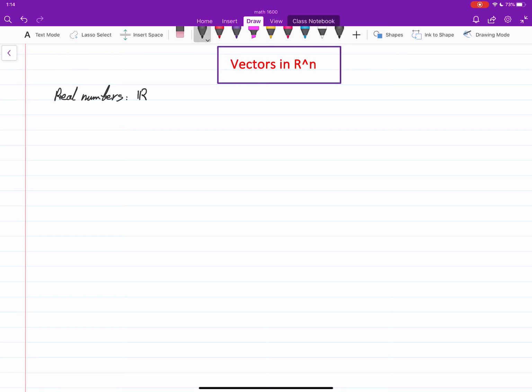So remember that every component of vectors in the plane is real.